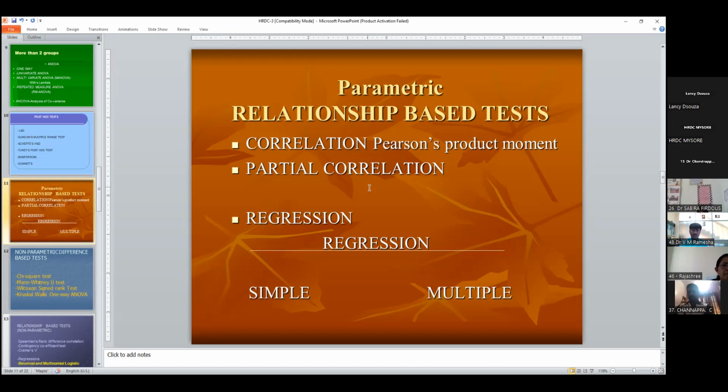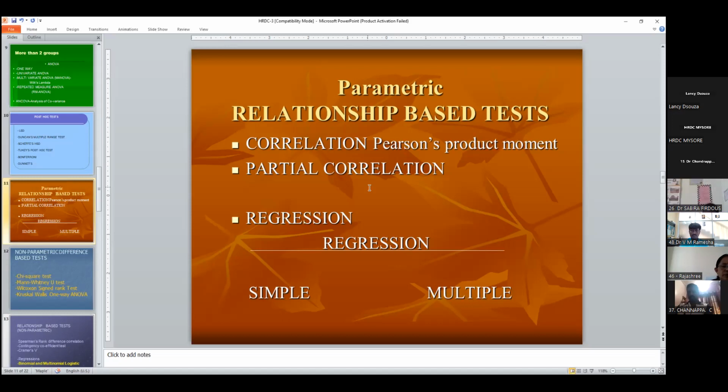And we go ahead with the other aspect, regression. As I said earlier, correlation gives the idea of the relationship between two variables, whereas regression gives the idea of prediction.